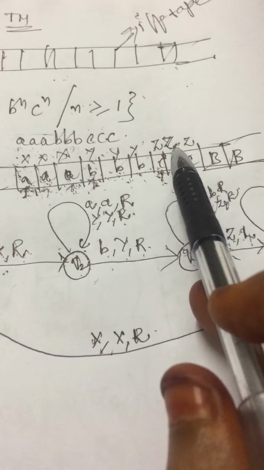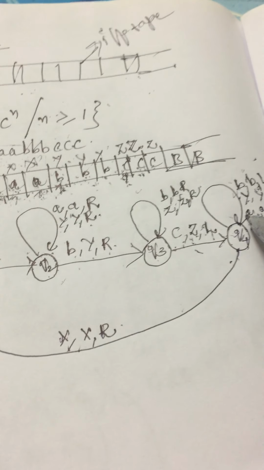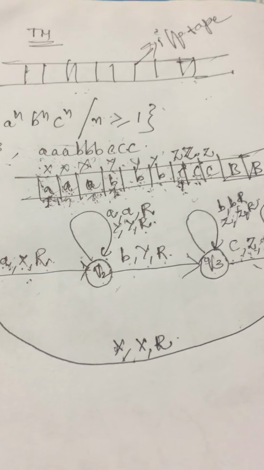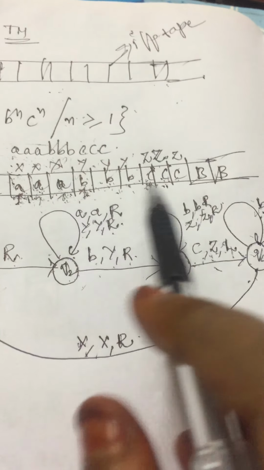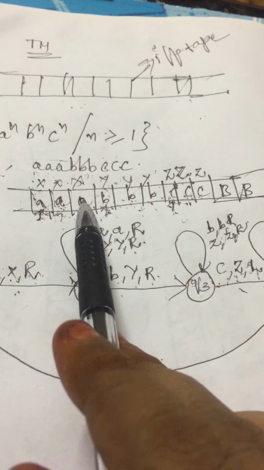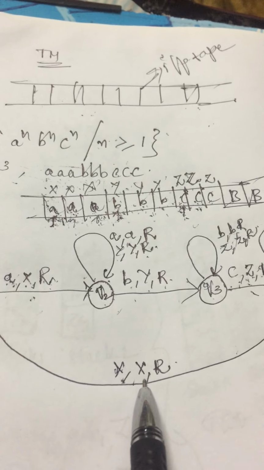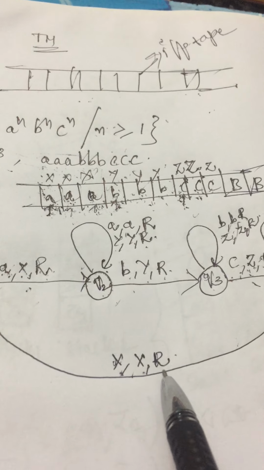While moving to the left direction, we get Y's, X and Z, everything has been mentioned here. And now see here, after getting X, X will remain as X only. Move to the right direction.